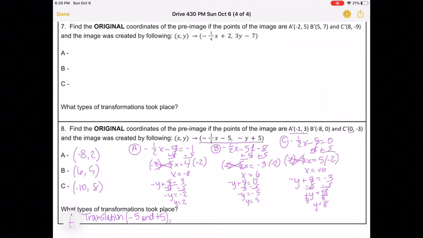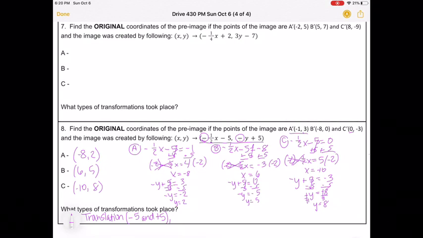Okay, is there a rotation? So are x and y flipped? Well, they're not flipped. Or are x and y both negative? And that did happen. There's a negative in front of the x and a negative in front of the y. Just to differentiate from dilation, dilation is only going to be multiplying by a positive number. It's not that negative, it tells us something else. I also have to know what type of rotation.